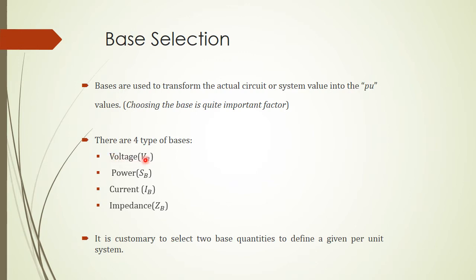And because we can calculate these values based on the others, it is customary to select two base quantities to define a given base unit. For example, usually we choose V base and power base. The other two quantities, IB and ZB, can be calculated based on VB and SB.